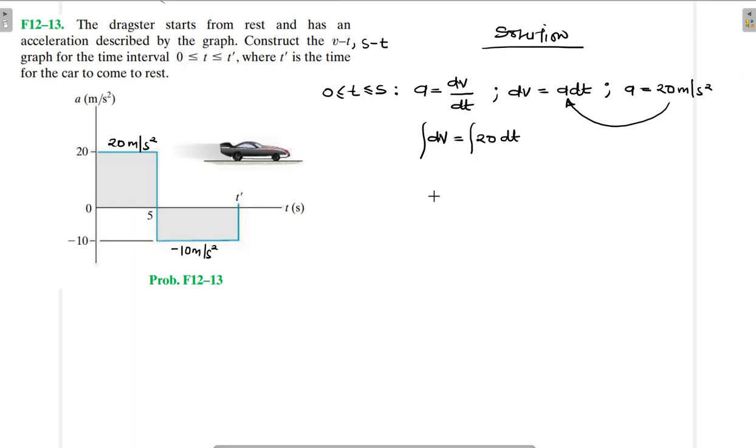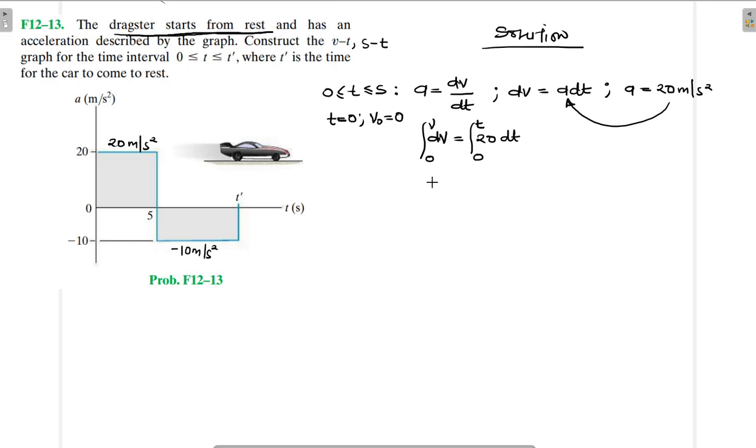But what integration constants are we going to use? We know that at t equal to 0, v naught is equal to 0, right? Why? Because the dragster starts from rest. So we have 0 to v, and time 0 to t.